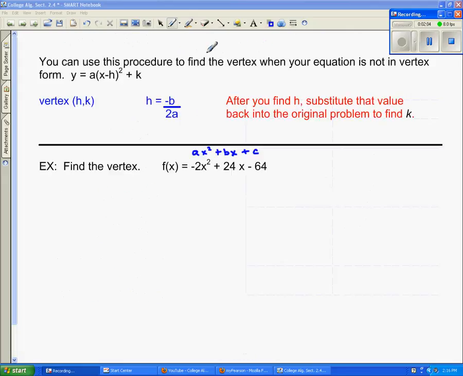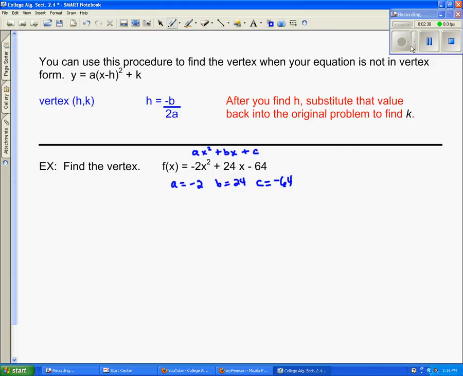We're going to use this procedure to find the vertex when it's not in vertex form. This is vertex form, and when it's not in that form, like in our example, then we need to convert it over, and we're going to use this formula. Once we get our answer for h, we're going to substitute it in here in red and solve for k. So the first thing we're going to do is name our a as negative 2, b as 24, and c as negative 64.